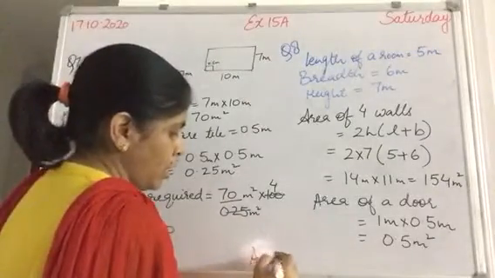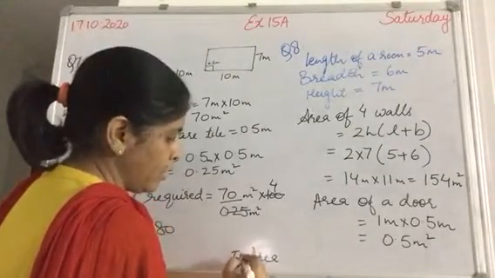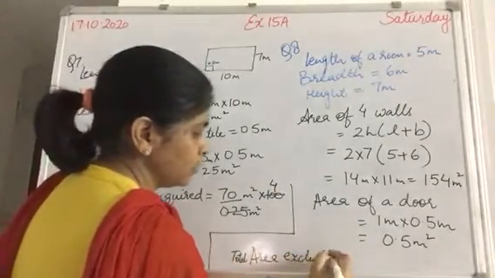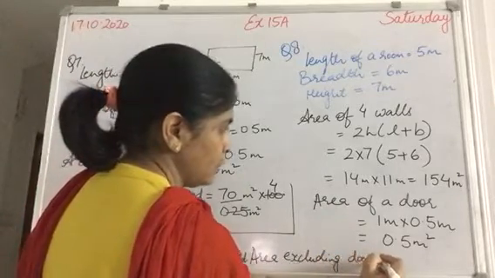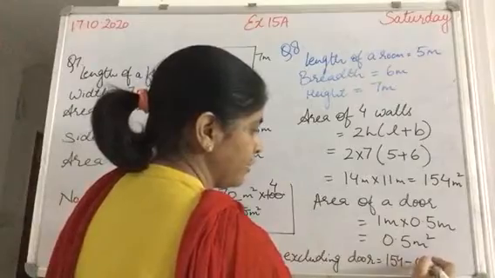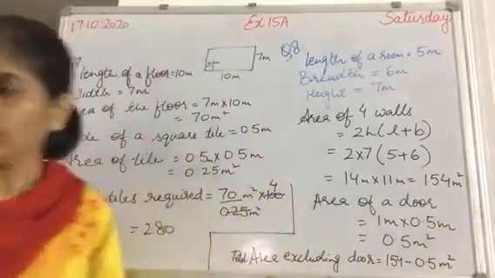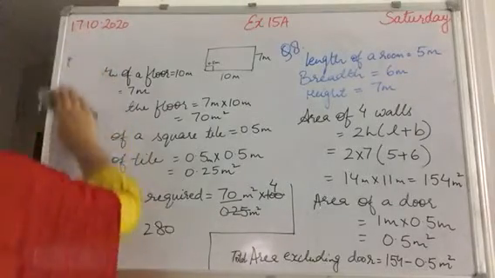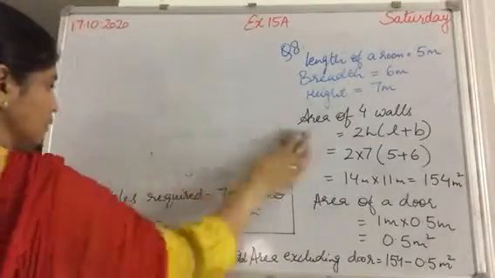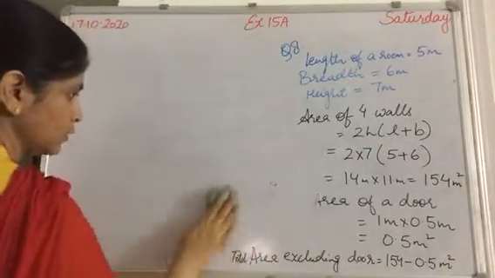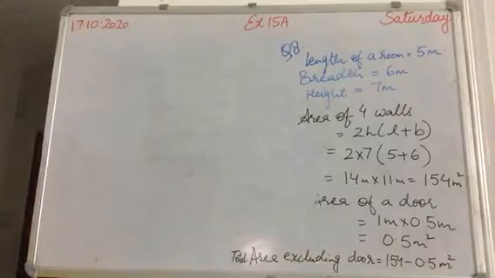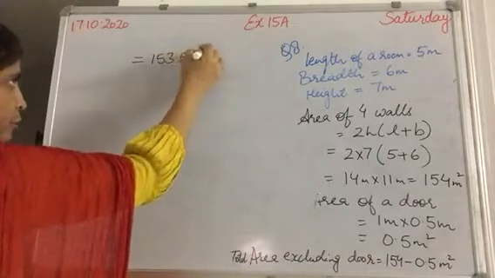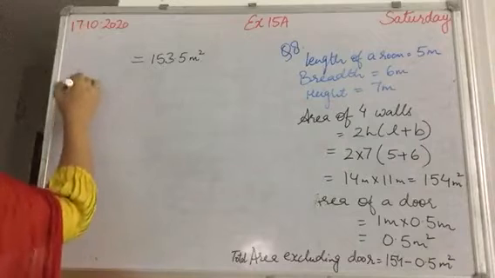So total area excluding door is 154 minus 0.5 meter square, that is 153.5 meters square.